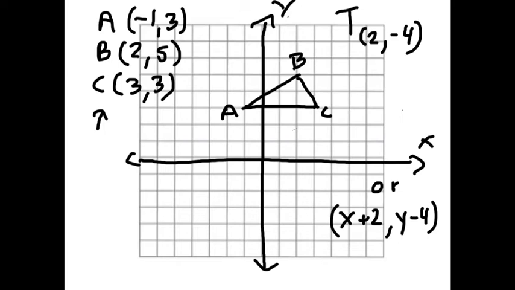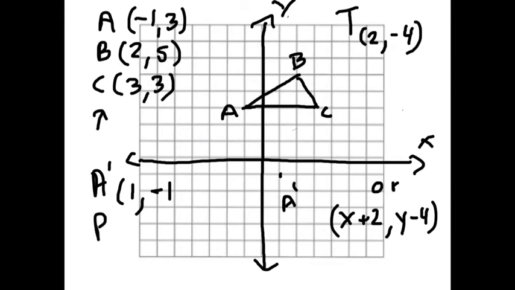So if A originally started at -1, 3, -1 plus 2 will give me 1. So A prime will have an x value of 1 and a y value of -1.